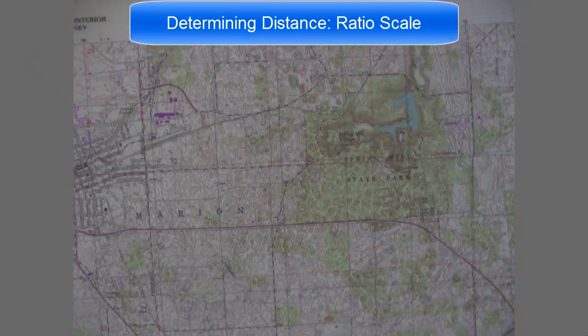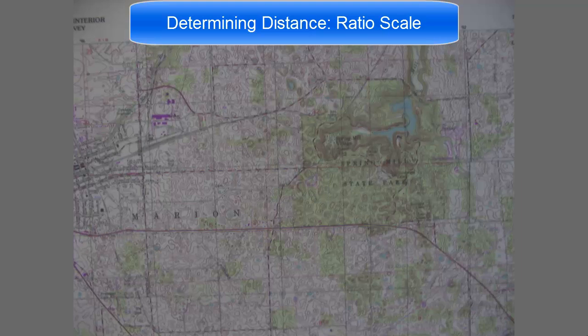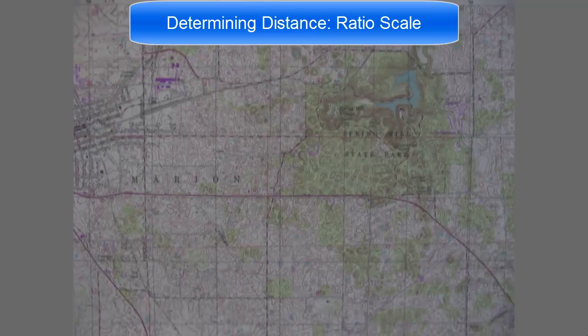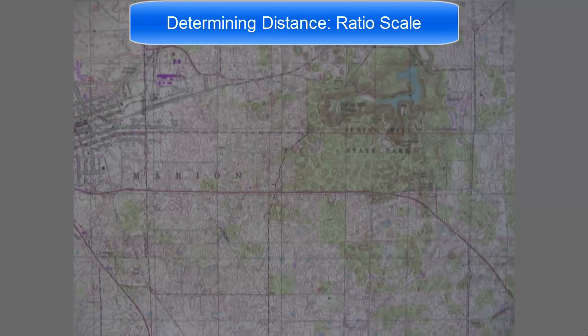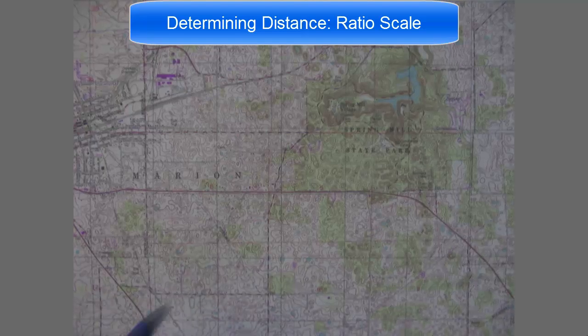That ratio scale is just describing how much the map has taken the real world and shrunken it down. In this case, it was a 1 to 24,000 ratio map. So that means in real life, everything on this map would be 24,000 times longer or bigger than it is actually shown on this map. So if I measured an inch on this map, it'd really be 24,000 inches. If I measured 1 foot on this map, it'd be 24,000 feet.